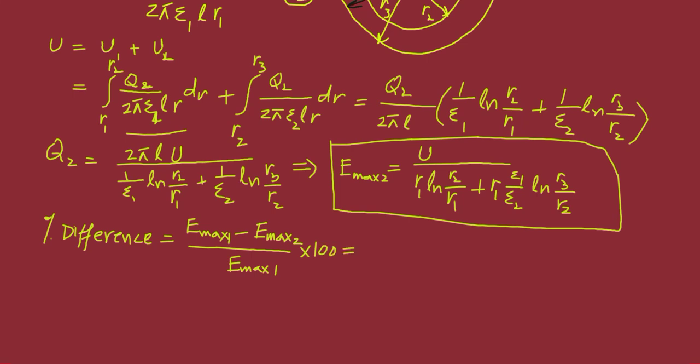So that will give you approximately 31%. So 31% reduction in electric field will be resulted if we add a layer of hardwood shell.